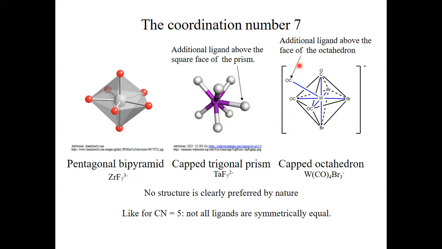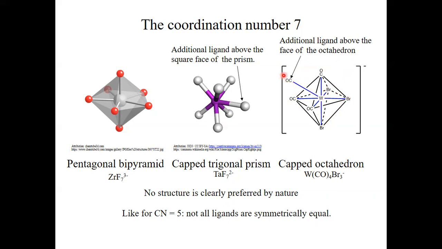All right, so the third structure is the capped octahedron. So an example for this is the tribromotetracarbonyl tungstate. And you see that in this structure, we have the 3 CO ligands on one face here, and the 3 bromo ligands here on an opposite face.